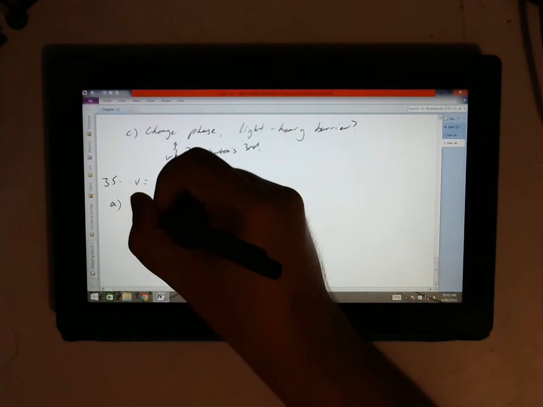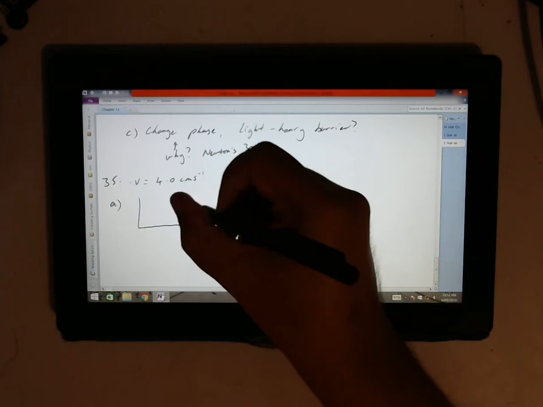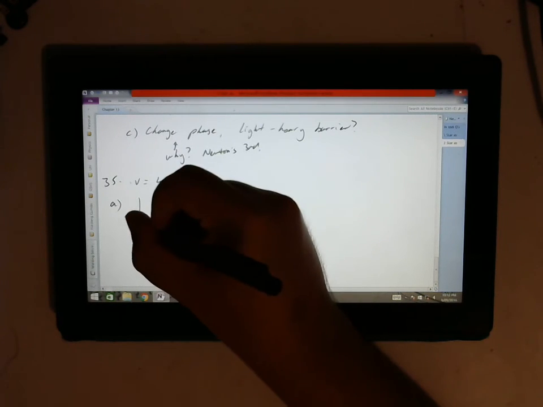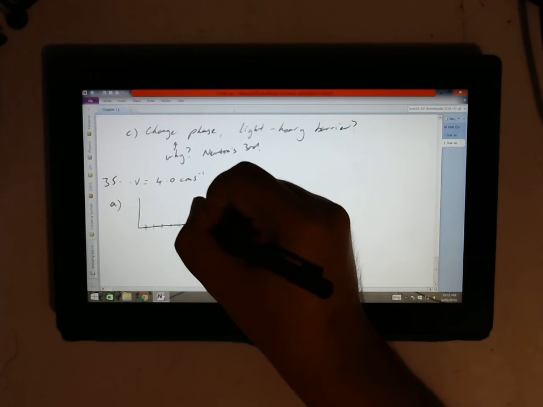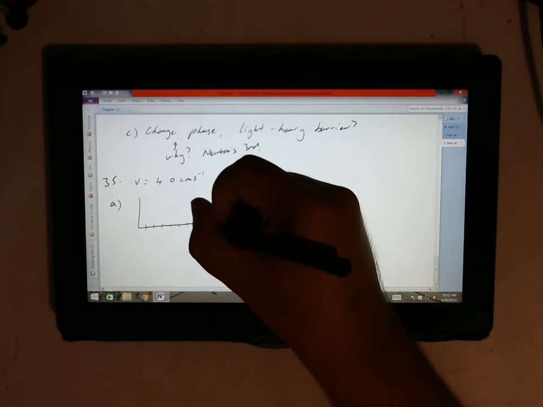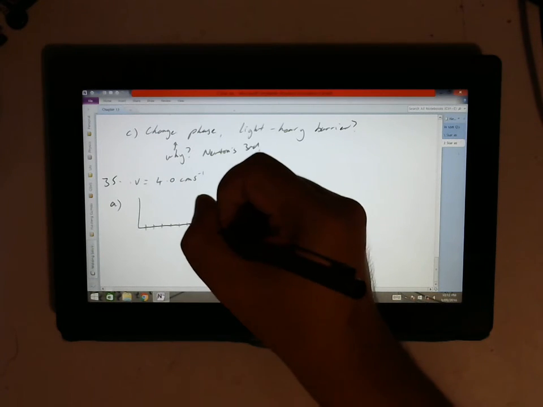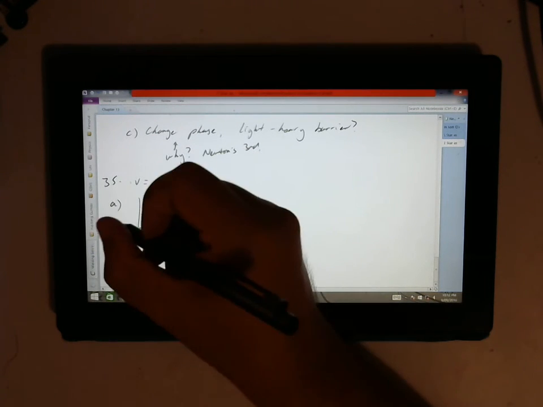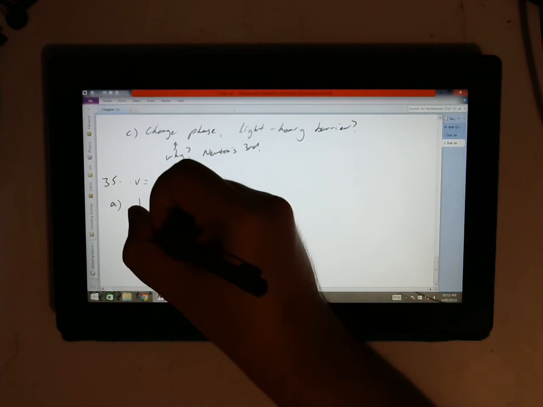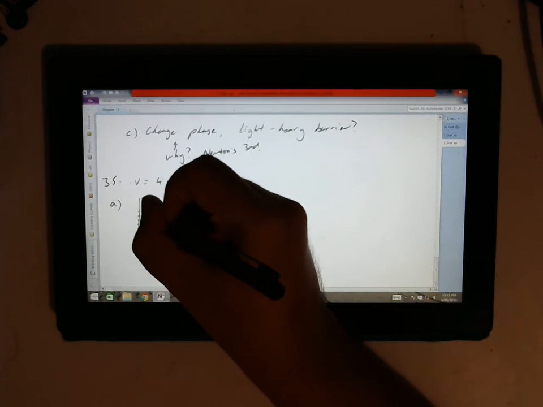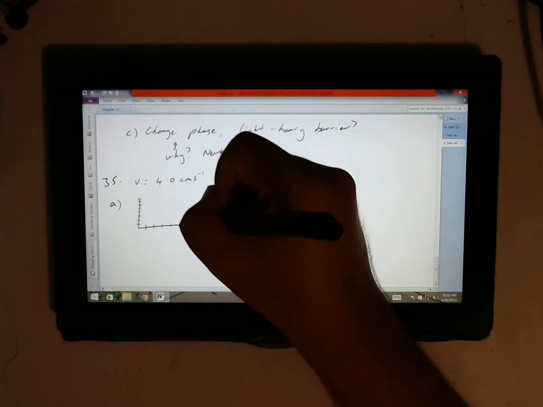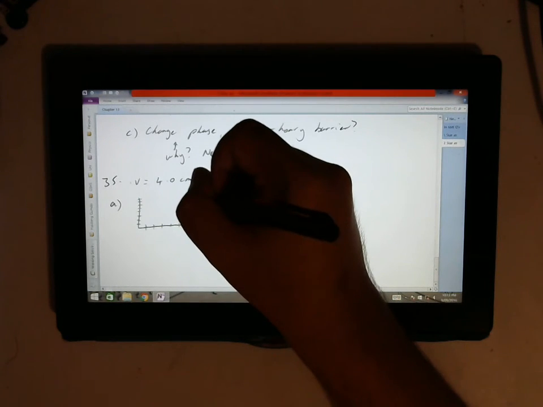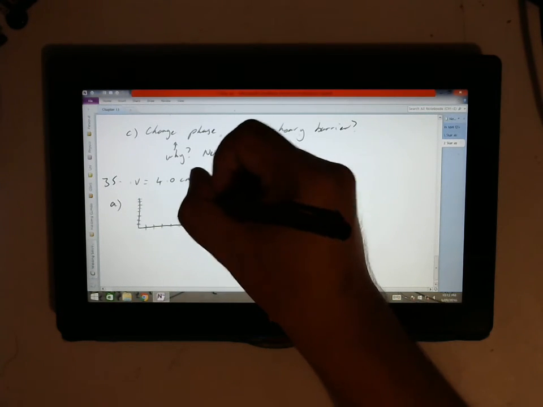So let's draw that. We've got our scales. If that's 9, let's see, 1, 2, 3, 4, 5, 6, 7, 8, 9. So we're going to have E there, and we need to go up to 8. 1, 2, 3, 4, 5, 6, 7, 8. D will still be at 4. C will still be 8, it's just further across.